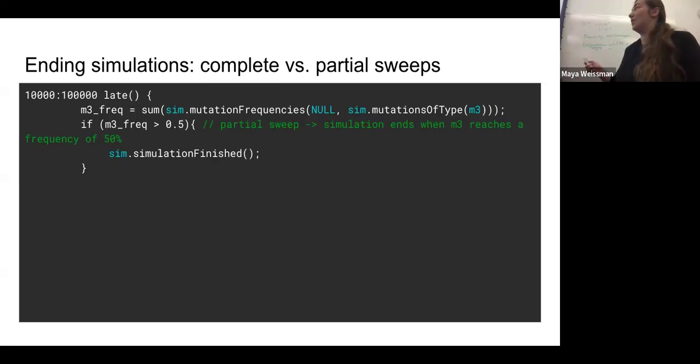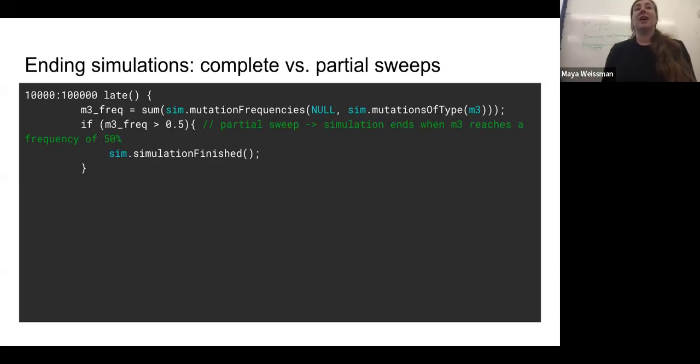Now, if you wanted to do a complete sweep and you had not turned off convertSubstitutions, this bit of code would not work, because if you'll recall, when a mutation type reaches a frequency of 100% in the population, SLiM automatically will convert it to a substitution and just get rid of it, which means that this particular approach won't work if you're looking at a complete sweep. And instead, I didn't actually type it out, but in the manual, there's language around this.